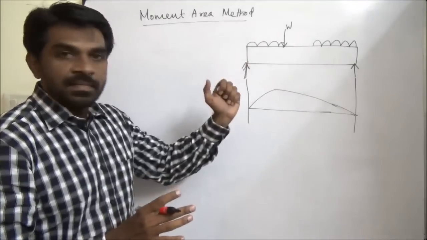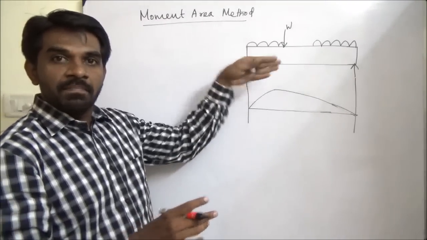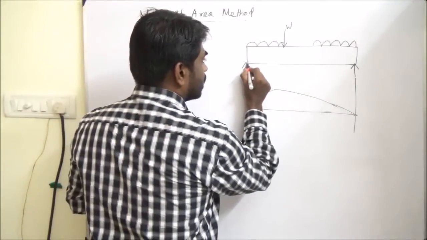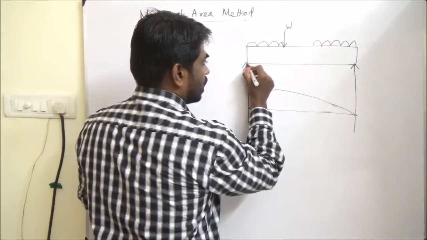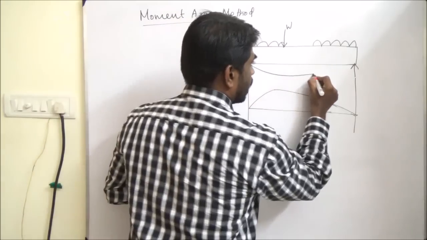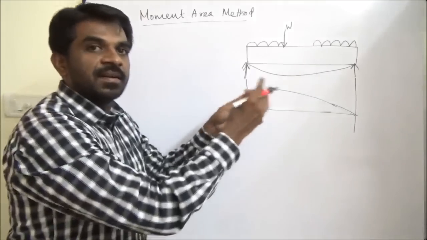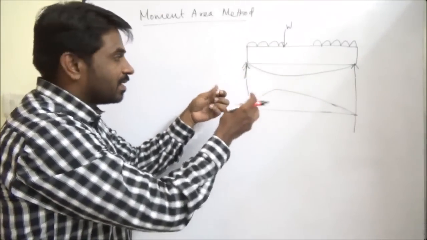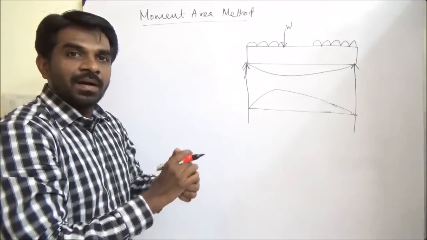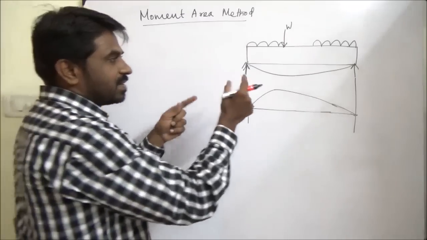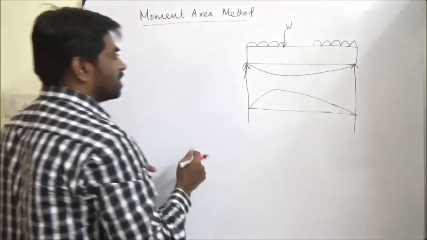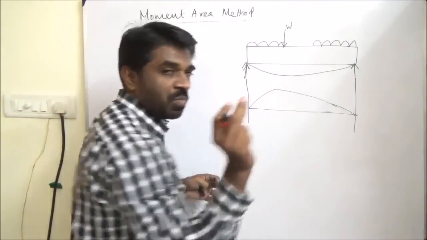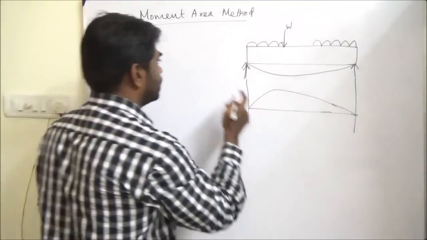Now see this beam deflecting. It will have an elastic curve. Because of the deflection there will be an elastic curve. This elastic curve is exaggerated. If you see this elastic curve, we can find slope. Take for example a small portion of this elastic curve.